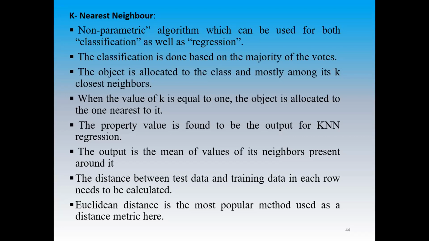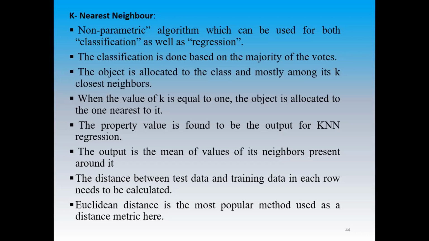Euclidean distance is a very simple thing: when you have x1, y1, x2, y2, you use the formula root of (x2 minus x1) the whole square plus (y2 minus y1) the whole square, under root. That one you calculate, for that particular test data with all the training data values.